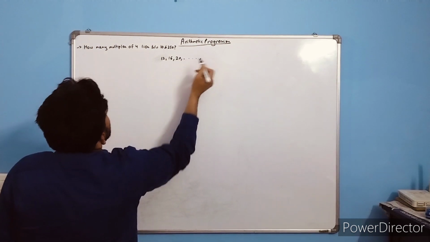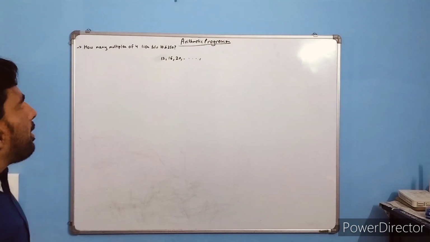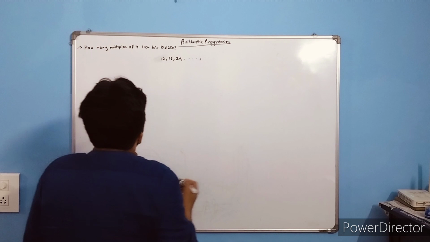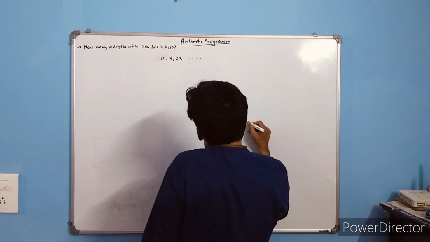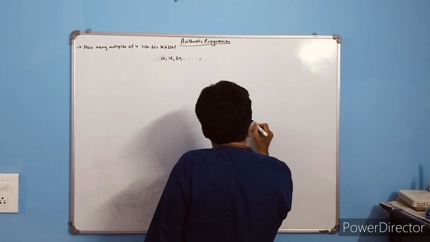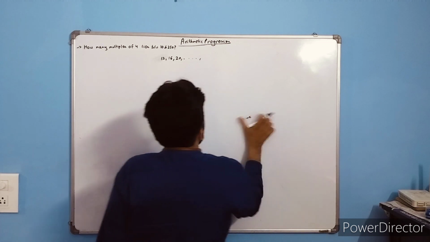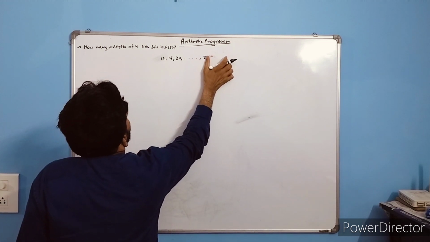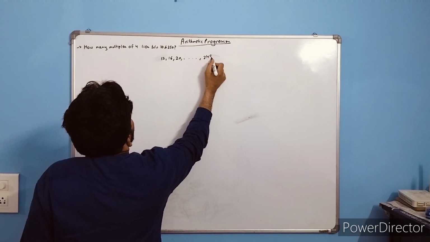And the last number below 250 which is a multiple of 4 will be 248.